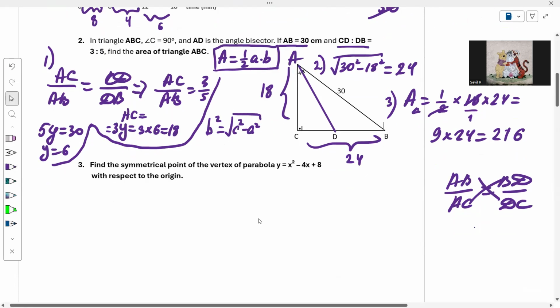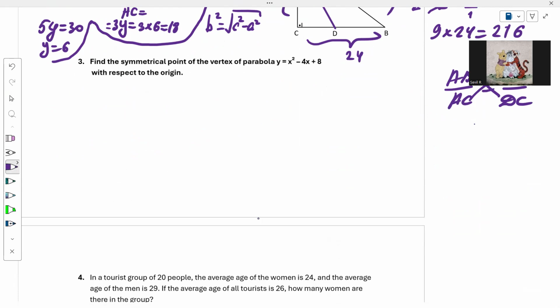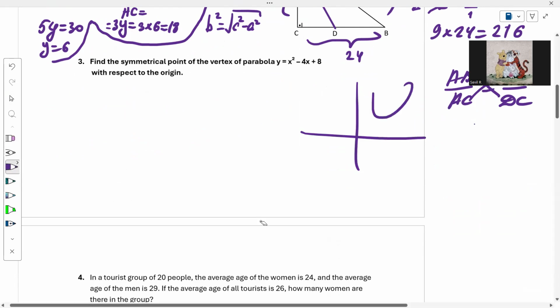All right. Now, number 3, find the symmetrical point of the vertex of parabola with respect to the origin. Guys, this is a quadratic function. How to approach, like in quadratic function, guys, we have to know how to sketch the function. In this case, we can find x vertex, y vertex with the formula, because we want the vertex of the parabola.